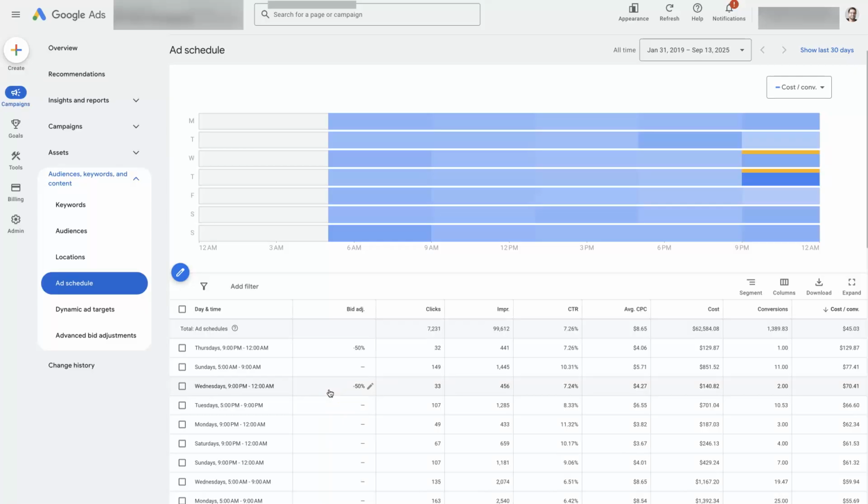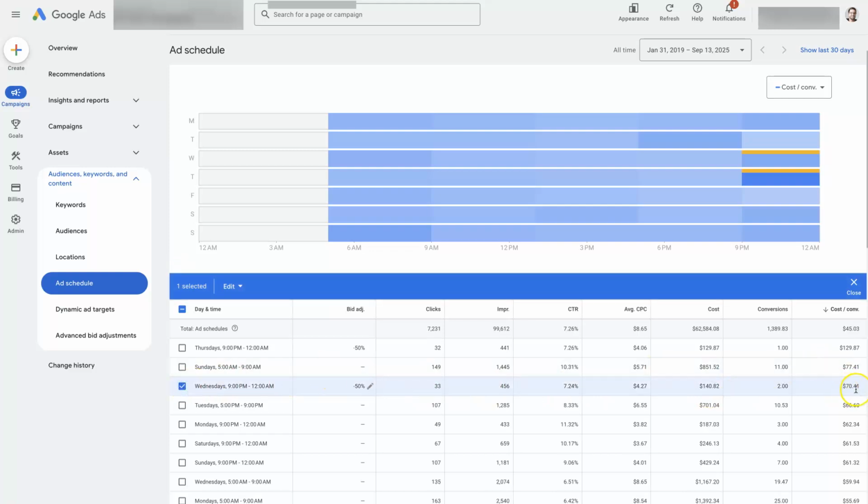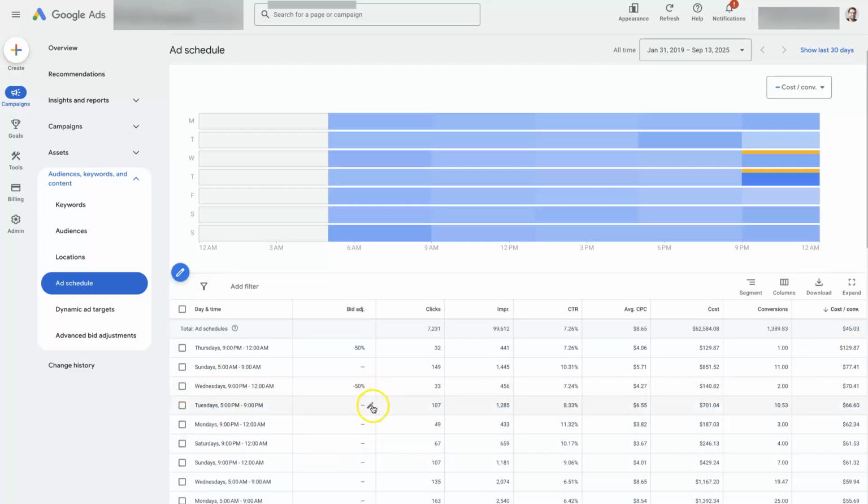That's allowed us to get some less expensive clicks, drive down the cost per click, and get us another conversion. Now our cost per conversion on this time frame is actually $70 instead of like 130 or 140, whatever.